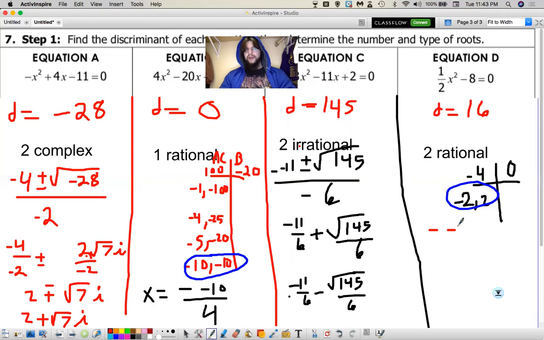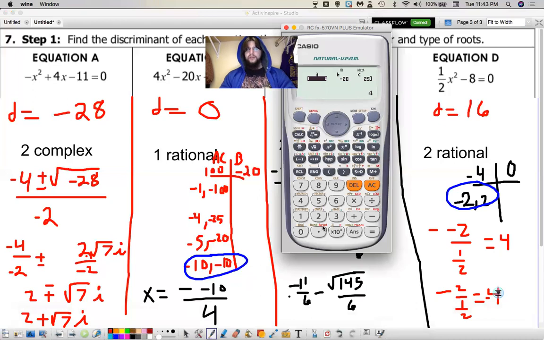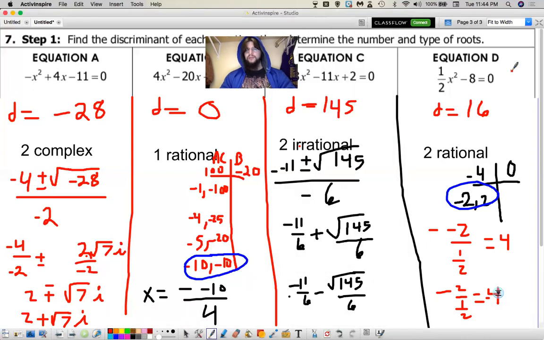So negative factors over A. If you divide by 1/2, you're actually multiplying by 2. Negative times negative is positive 4. And then you're also going to have the negative 4. Again, you can check it. Moving on. Actually, we're done.